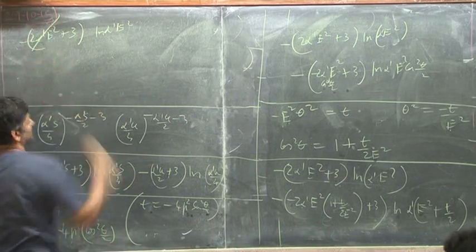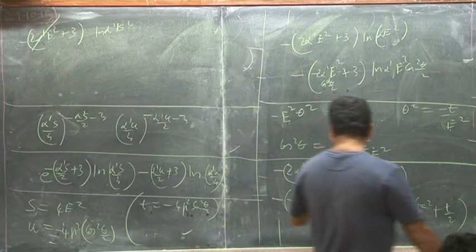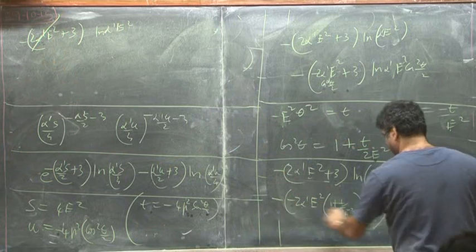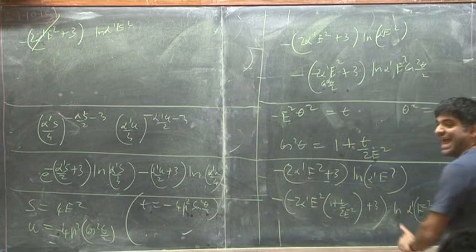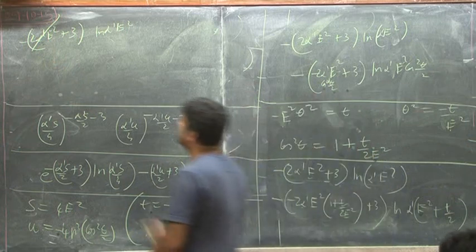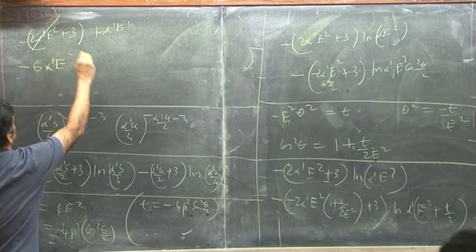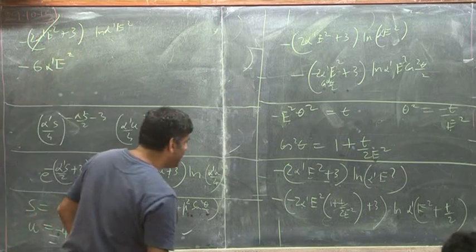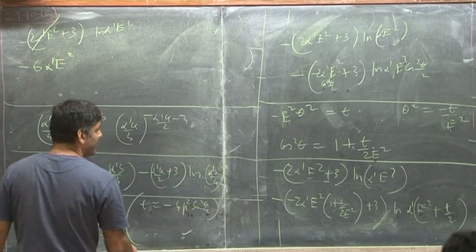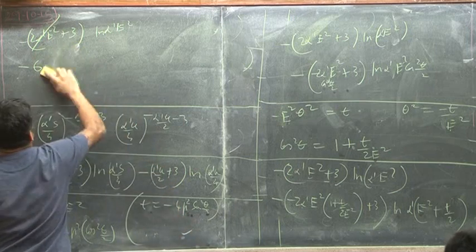Okay, so that goes. What about the minus 3 and the minus 3? They just add up. Okay, we get minus 6 alpha prime e squared times log alpha prime e squared.